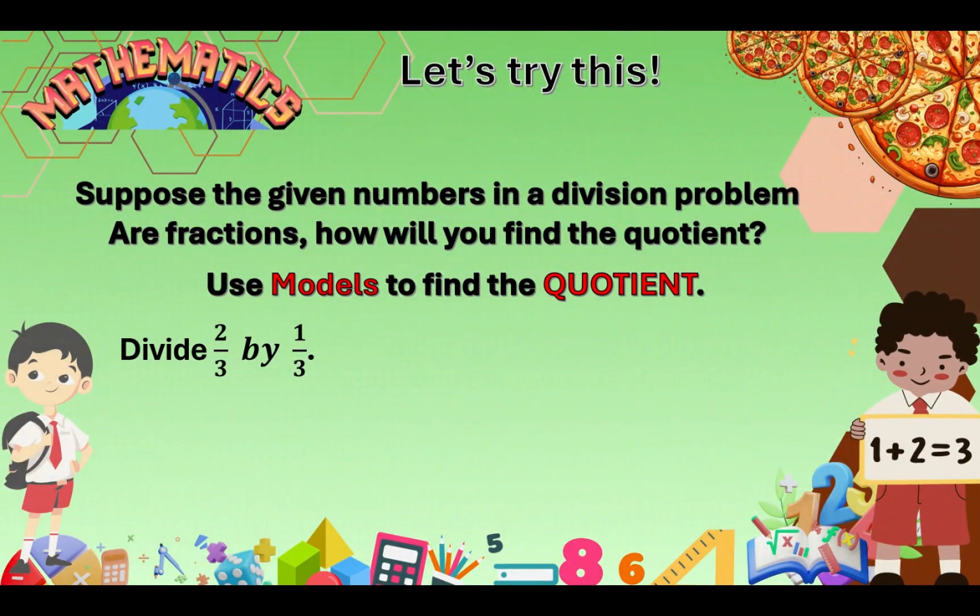Let's try this. Suppose the given numbers in a division problem are fractions. How will you find the quotient? Use models to find the quotient. For example, divide 2/3 by 1/3.